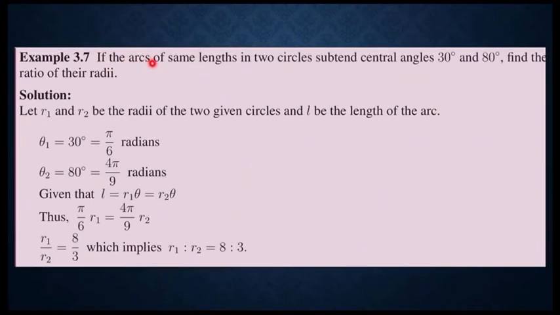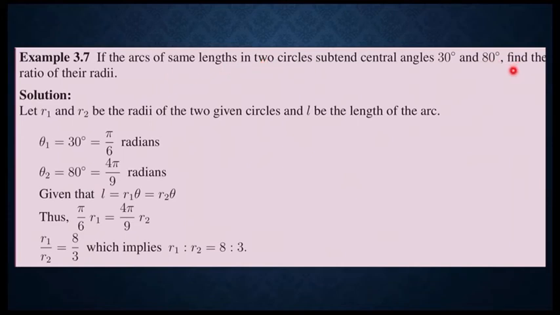If the arcs of same lengths in two circles subtend central angles 30 degree and 80 degree, find the ratio of their radii. So arcs of same lengths in two different circles, but the arc lengths are same. And the angles subtended at the center are 30 degree and 80 degree in the different circles.